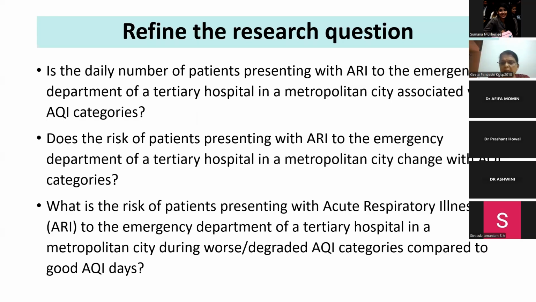You can go on refining it, and it could be something like, what is the risk of patients presenting with acute respiratory illness to the emergency department of a tertiary care hospital in a metropolitan setting during the degraded AQI categories compared to a good AQI category? So that could be your final research question.